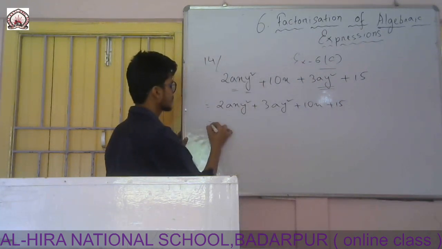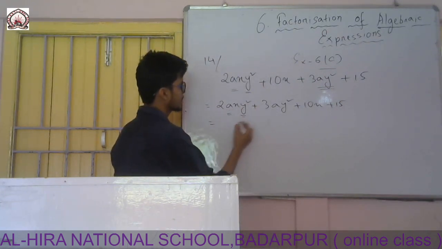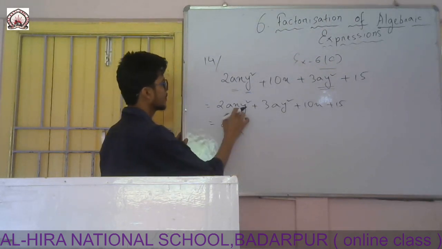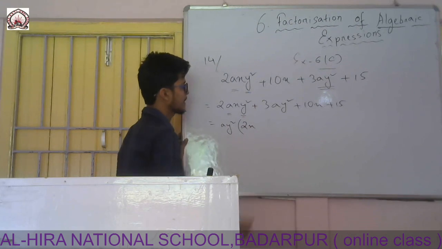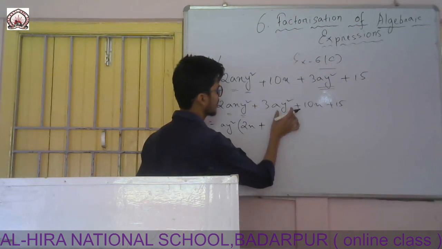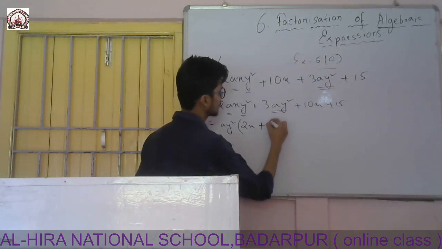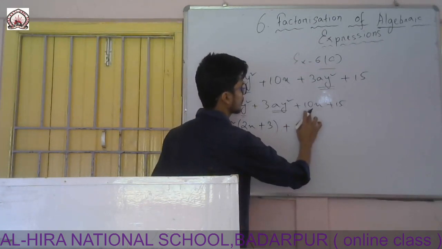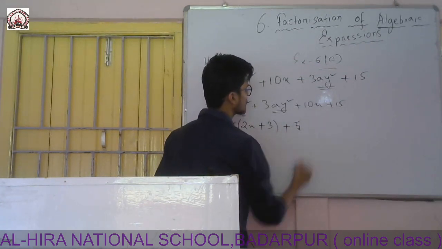So I have written this. There a y square is common, so I will take out a y square. After taking out a y square, 2 and x are left, so I will write 2x. There is a plus sign, and there I have taken a y square common, so only 3 is left, so I will write it. There is a plus sign again, so in 10 and 15 I can take 5 common.